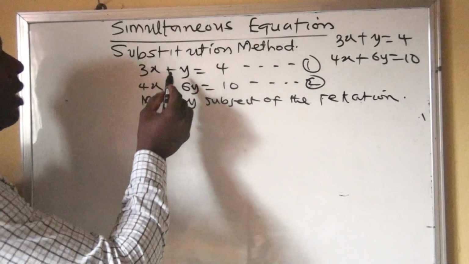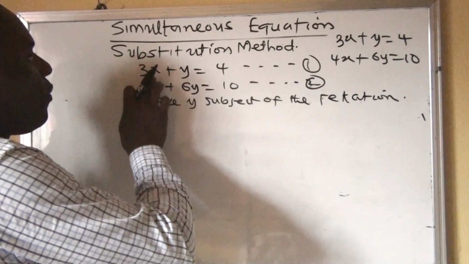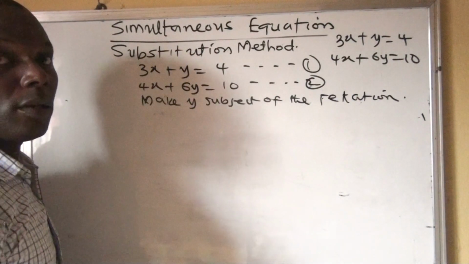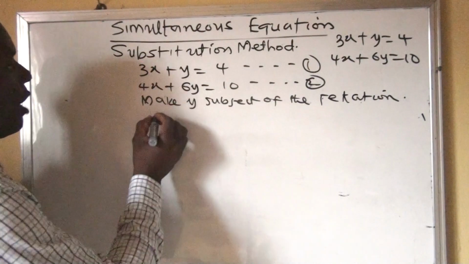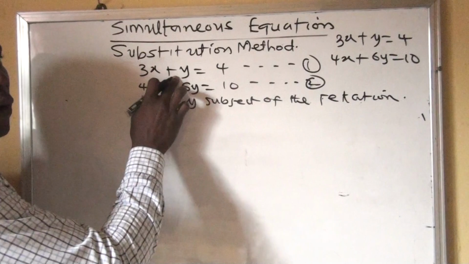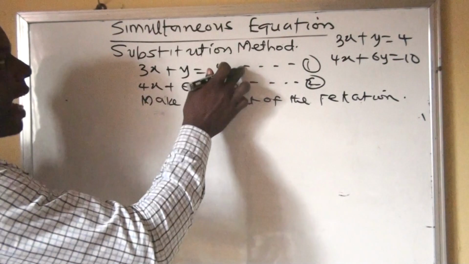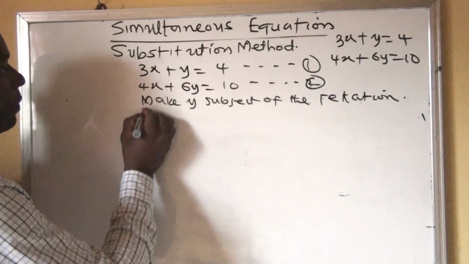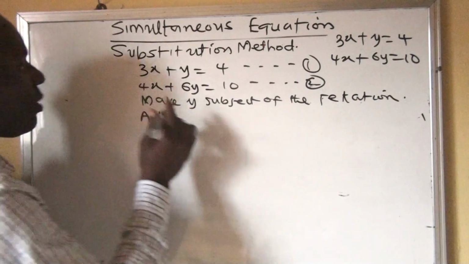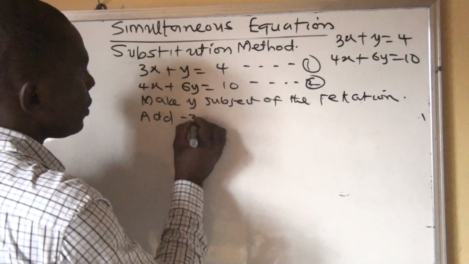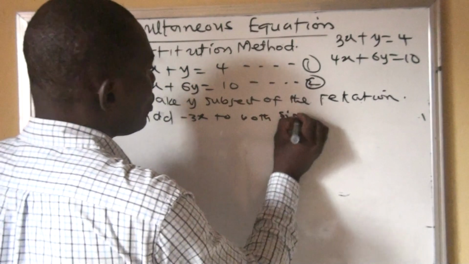What this simply means is that only y will stand on its own. The 3x we move to the other side to meet the constant on the right hand side. If y will be on its own, this is plus 3x, so we add the additive inverse of 3x, which is minus 3x, to both sides.